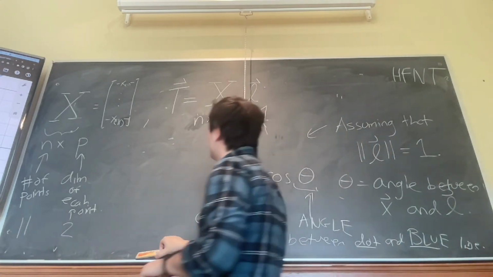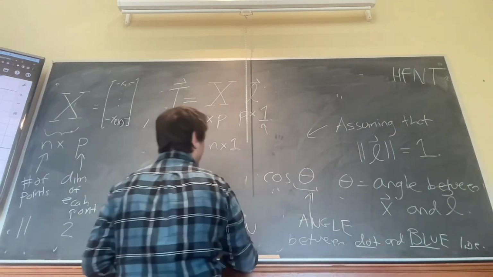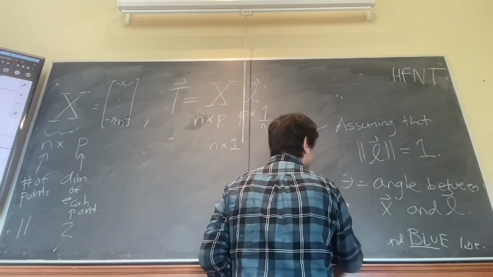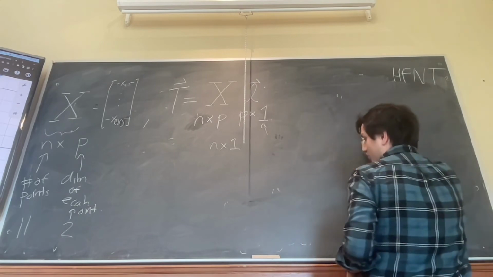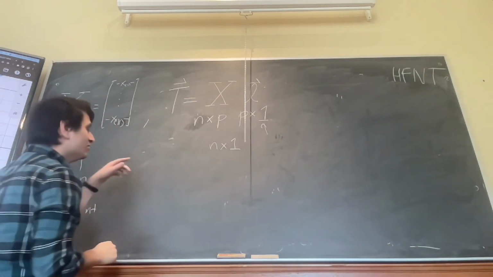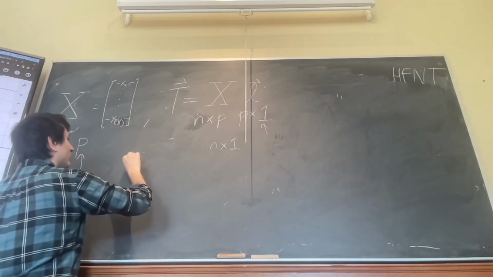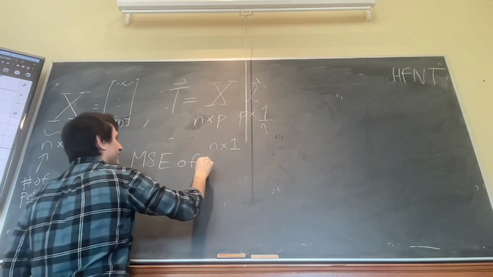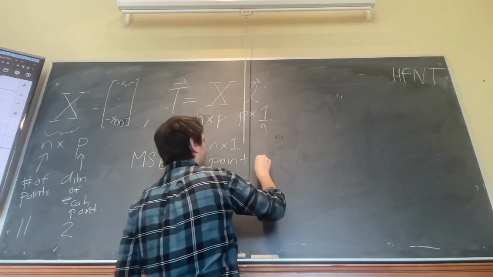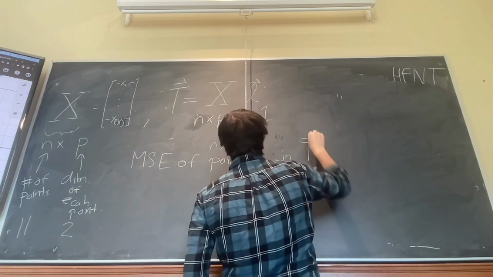Okay, so those are the points. And I want to do the root mean squared, so the variance, the mean squared error. So the mean squared error of points t. Okay, it's not really an error, right?